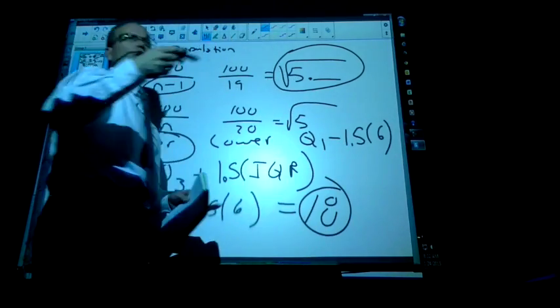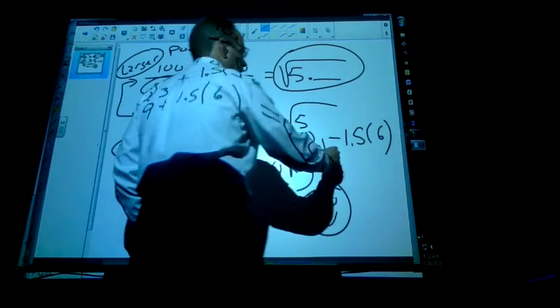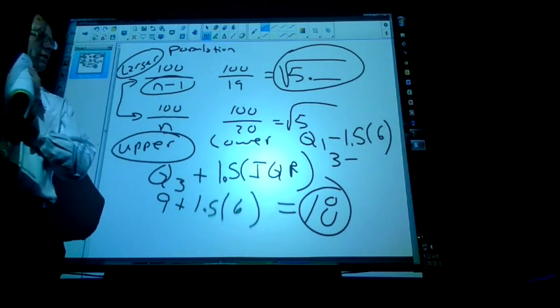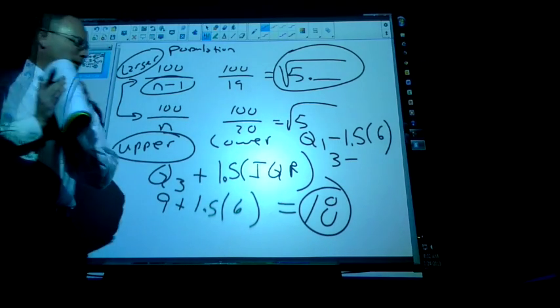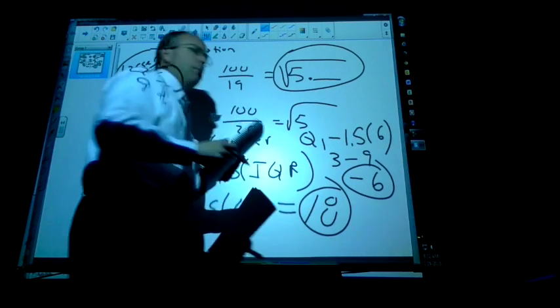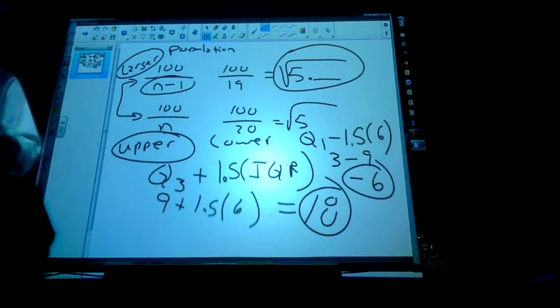What was Q1 in this one? 3. And then 3 minus 1.5 times 6. 1.5 times 6 is how much? 9. So negative 6 should be the bottom of my data set for any outliers. And again, we don't have any outliers in this data set.